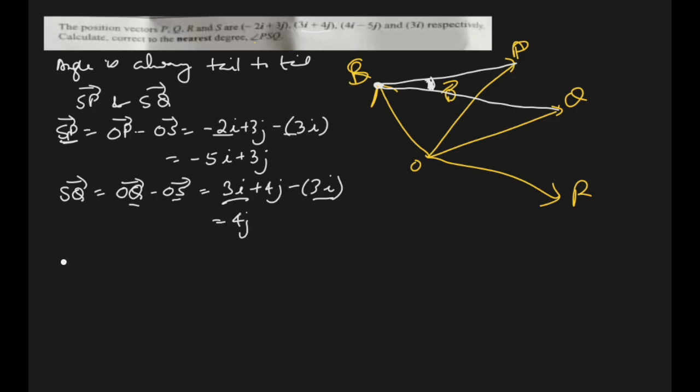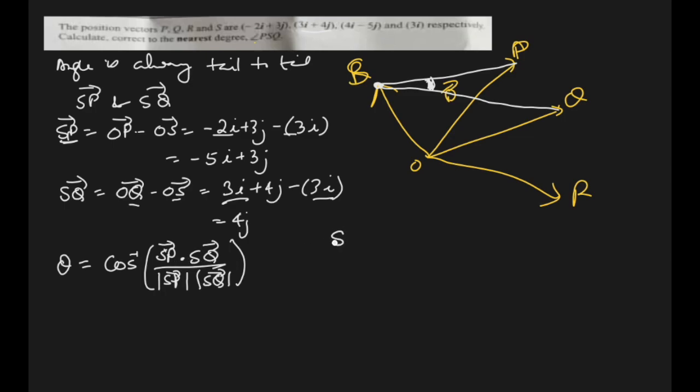Now we have to find the angle. The angle between two vectors tail to tail is cos inverse of, in this case because they are SP and SQ, SP vector dot SQ vector divided by the magnitude of SP and SQ. That's what we'll do.